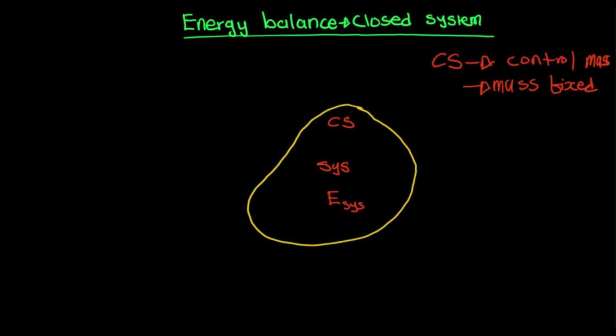Outside of the boundary, this is the boundary. That whole yellow line here, that's our boundary. And outside the boundary, we have what we call the surrounding. Anything that is not inside our chosen boundary is what's regarded as the surrounding.